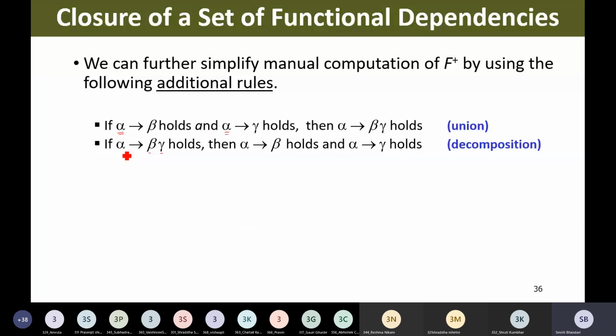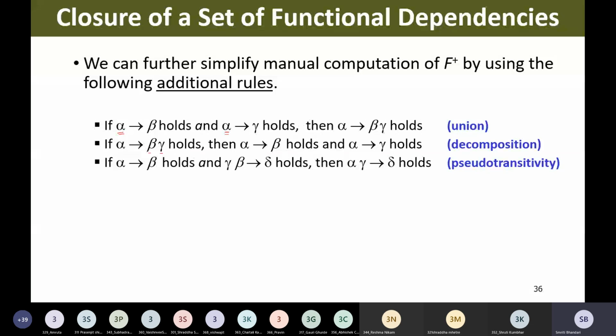So if alpha is determining two sets of attributes, then individually we may decompose this right hand side, and we may come up with the functional dependencies like alpha determining beta and alpha determining gamma. So this rule is known as the decomposition rule.